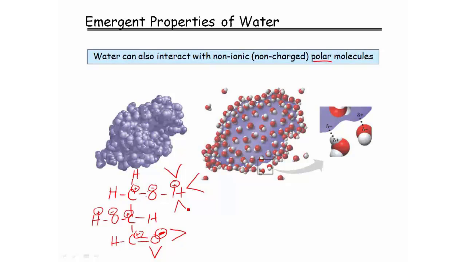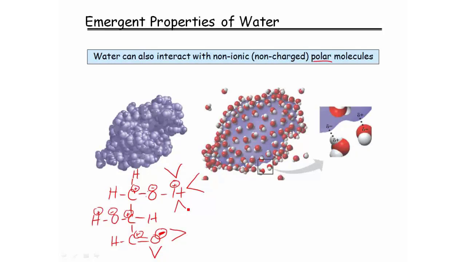So the key here is that if we have a molecule that has a charge to it, or if we have ions, they obviously have a charge, then water will dissolve it. Additionally, if we have molecules that have lots of polar covalent bonds to give us lots of little positive areas and negative areas, the water will also be able to surround that.